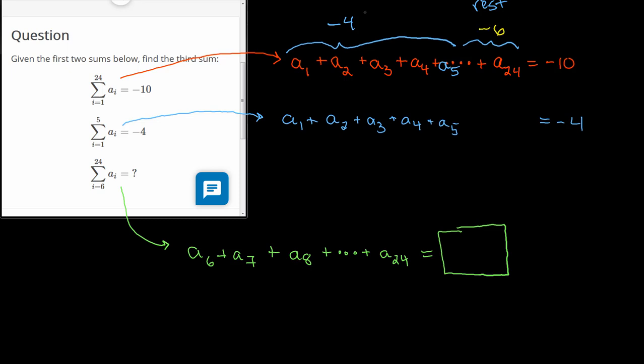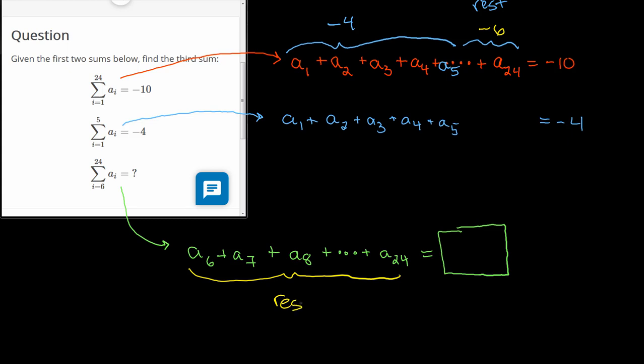Because if the first 5 add up to negative 4, and the whole lot adds up to negative 10, then the rest has to add up to negative 6. But what is the rest? This is the rest right here.